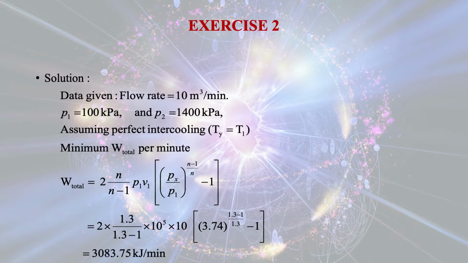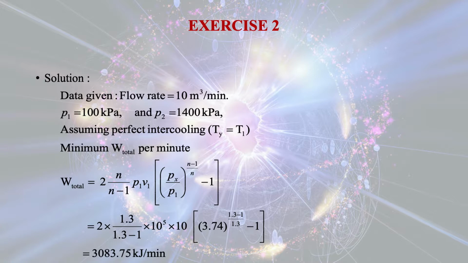So the minimum total work per minute is W total equal to 2 multiplied by n by n minus 1, P1 V1, multiplied by (Px by P1) to the power (n minus 1) by n, minus 1.